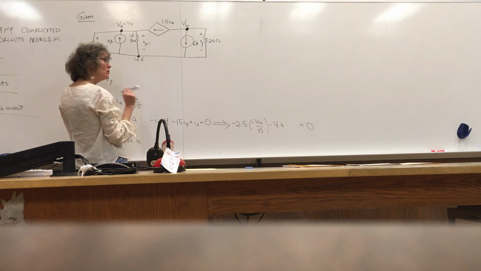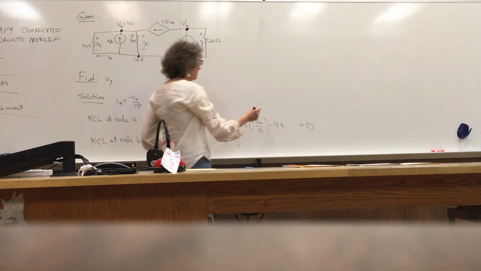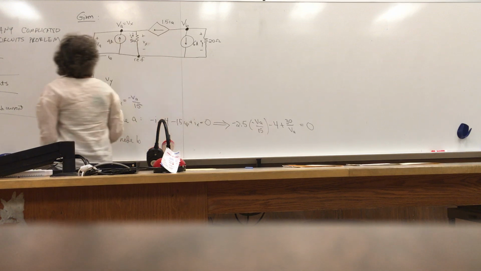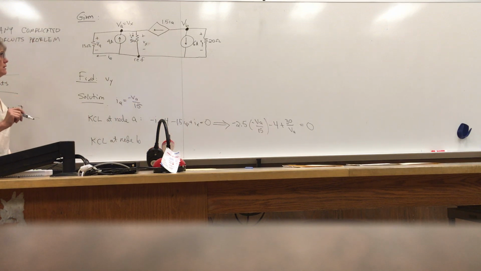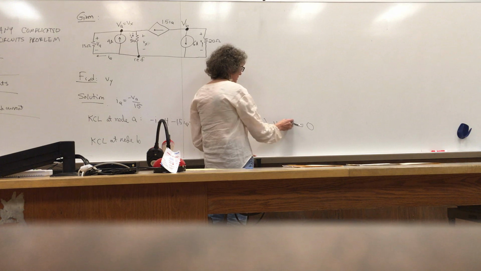So IX is equal to, V equals IR, I equals V over R. Okay, so it's going to be 30 over VA. Wait, is that right? No. Should be VA over R. Yeah, VA over 30.